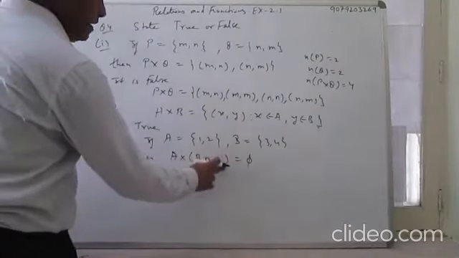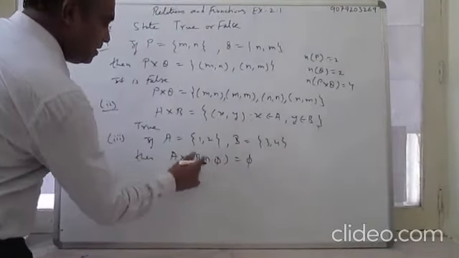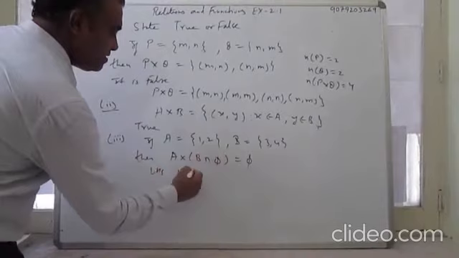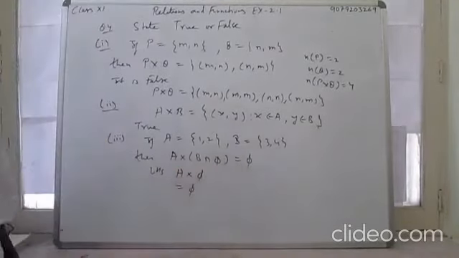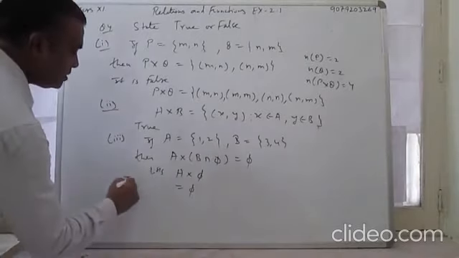Then on the left-hand side, B intersection 5 is 5, so A cross 5 is 5. It is the null set. So this statement is true.